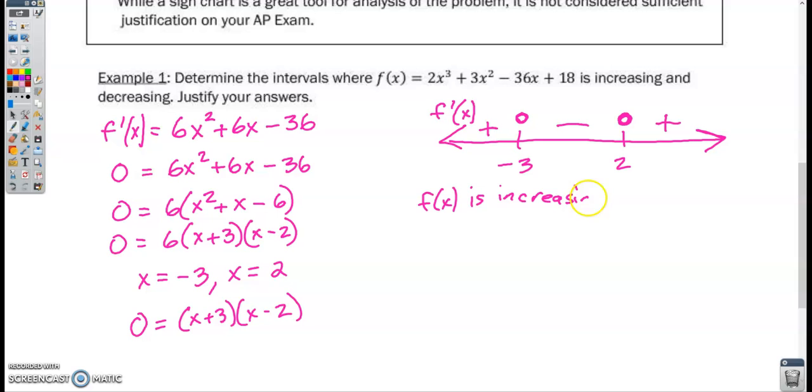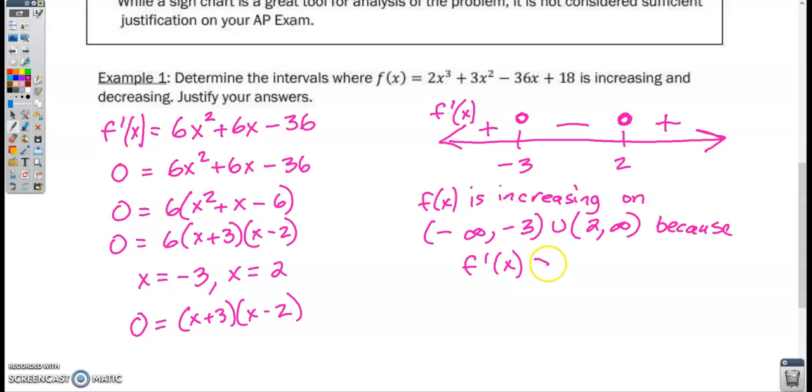I'm going to do increasing first. f of x is increasing on, and I look at my sign chart and I see where the derivative is positive, because positive derivative implies increasing function. So it's increasing from -infinity to -3, union 2 to infinity. And my reason is because f prime of x is greater than 0.